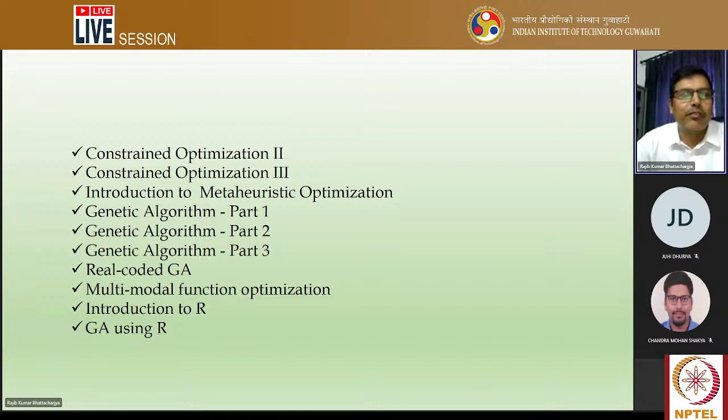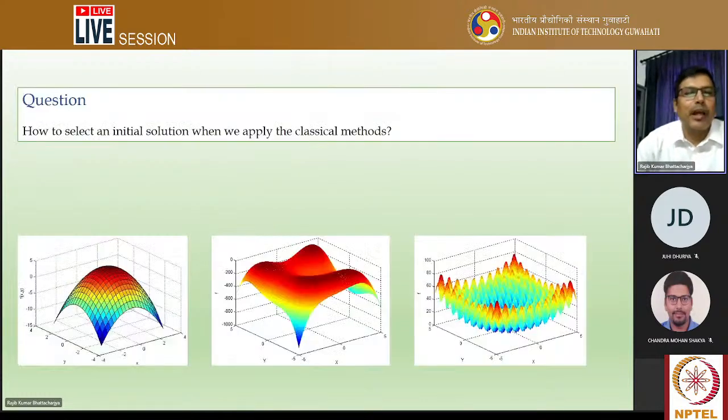The genetic algorithm function is already available in R. I initially introduced R, how you can install R, how you can write a simple code in R, and then how you can solve an optimization problem using GA in R. So that also I have discussed. Here in the live session, I will discuss mainly a few aspects.